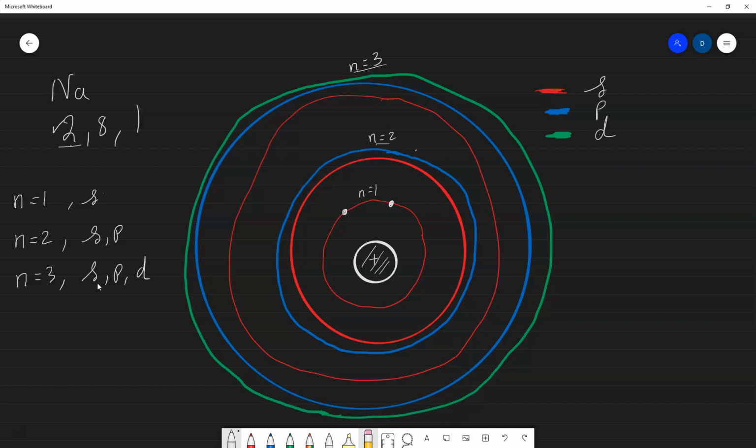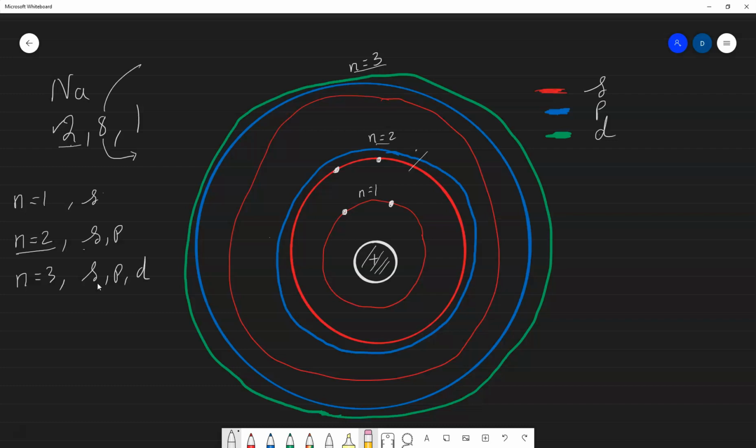Now we know that for shell number 2, or the quantum number 2, there are 2 subshells, S and P. So I have written here S and P. These two belong to shell number 2. Now we have to show these 8 electrons residing in the main shell 2. The way it is organized is, 2 electrons are in the S subshell.